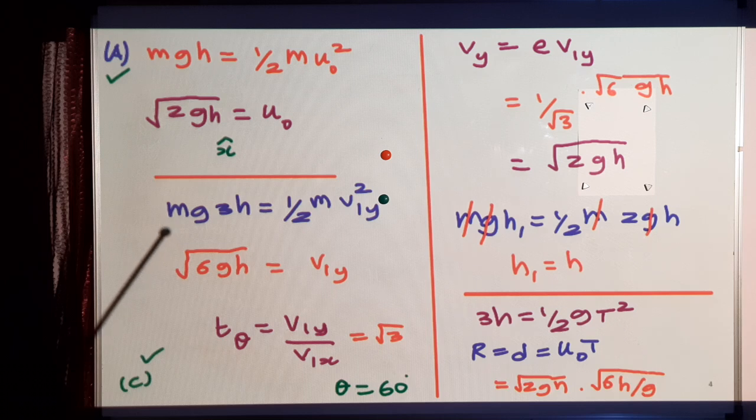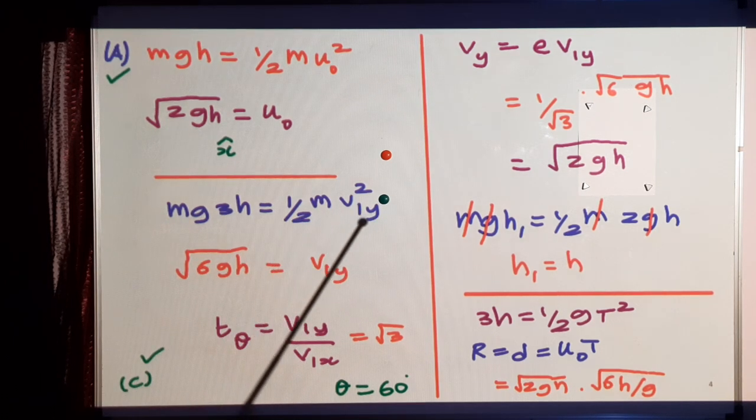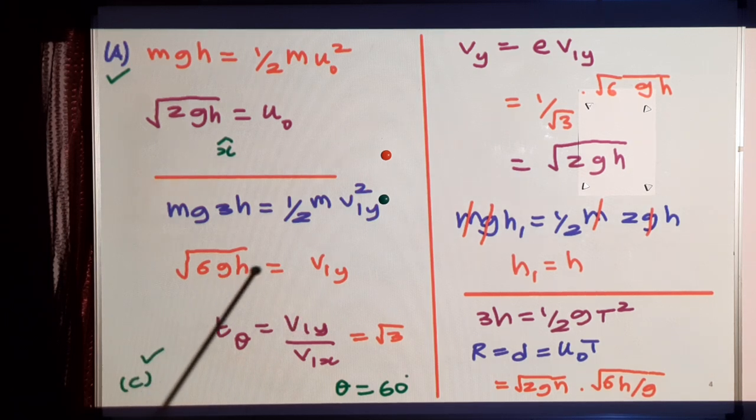The loss in gravitational potential energy is gain in the vertical kinetic energy. So from this V1y is root 6gh. So tan theta is this vertical component by the horizontal component, root 3, so theta is 60 degrees.